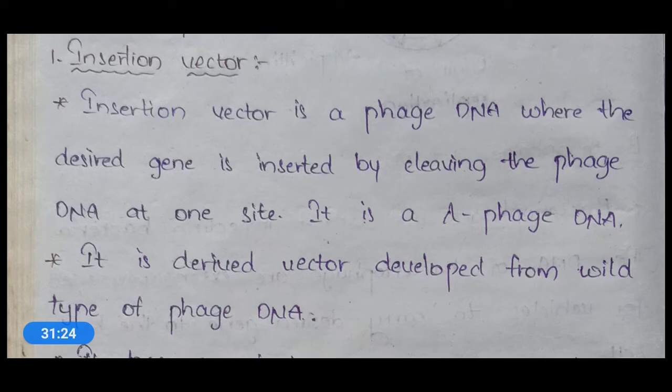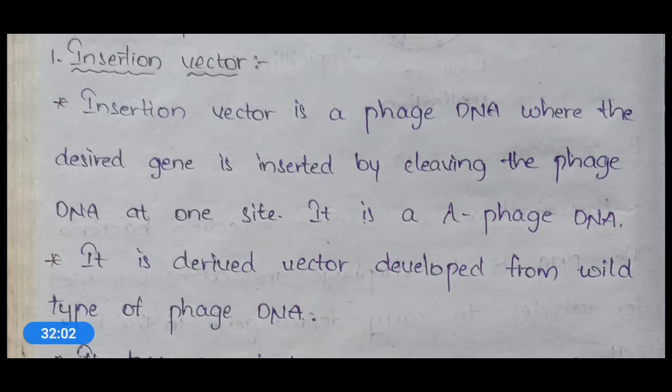So these insertion vectors are DNA phage vectors which are helpful to insert a desired gene. And for desired gene insertion, this phage DNA will be cleaved at one site. Okay, an insertion vector is a phage DNA where the desired gene is inserted by cleaving the phage DNA at one site.